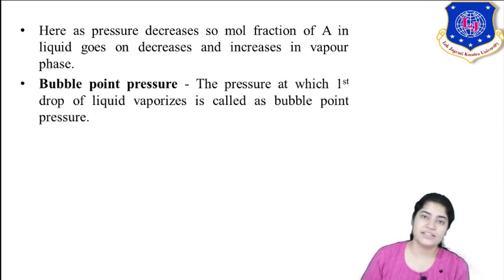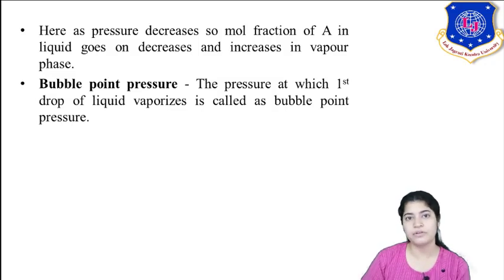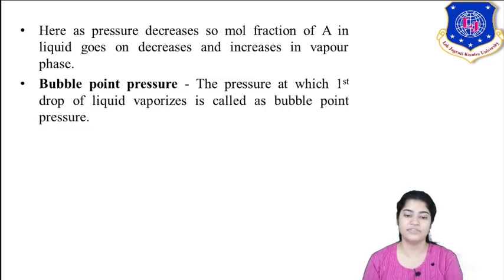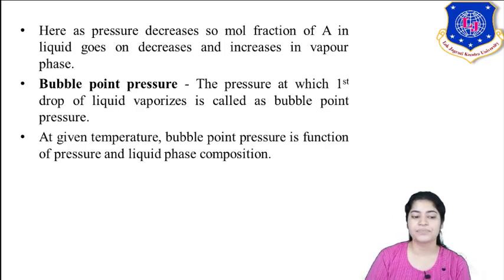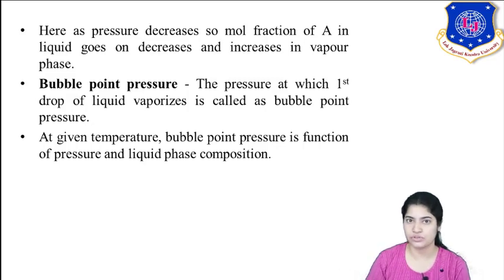As earlier we discussed bubble point temperature, now here you have bubble point pressure. The pressure at which the first drop of liquid vaporizes is called the bubble point pressure. Similarly, at a given temperature, the bubble point pressure is a function of pressure and liquid phase composition, okay.